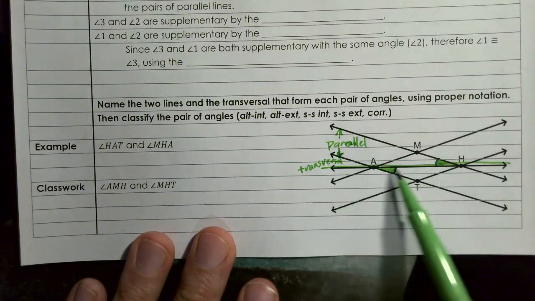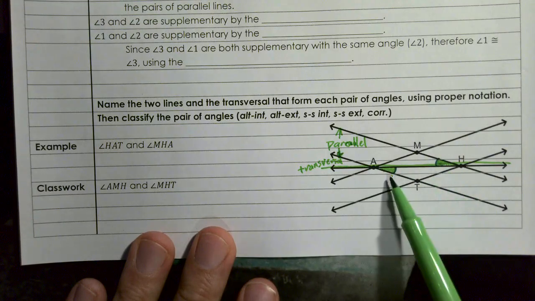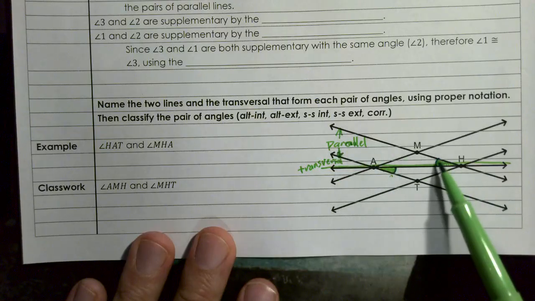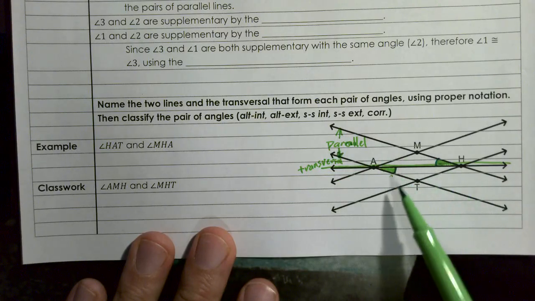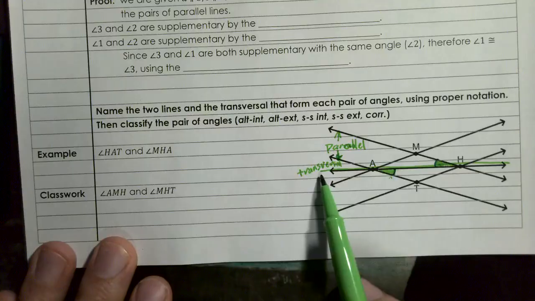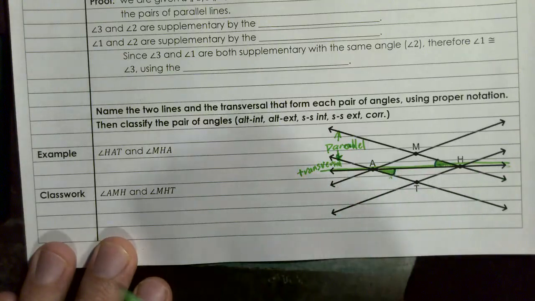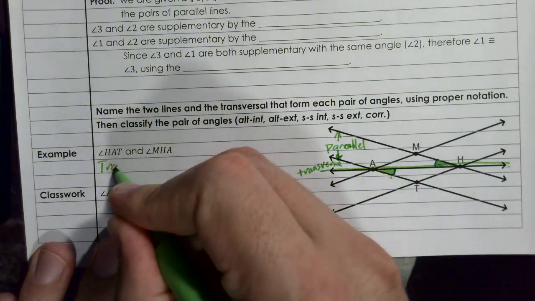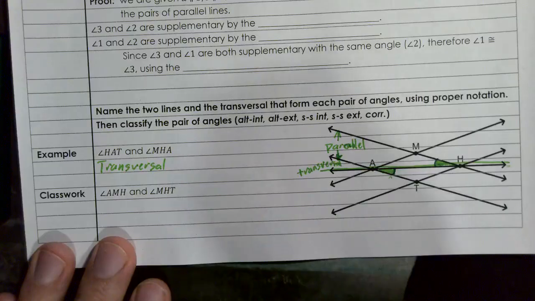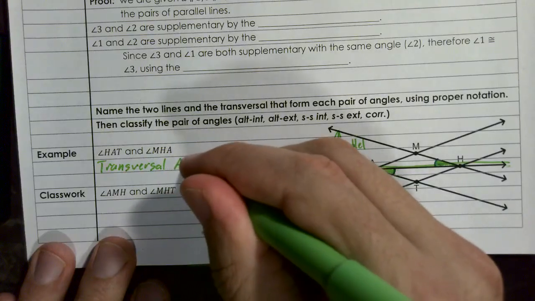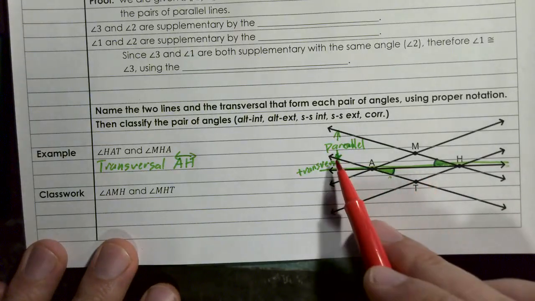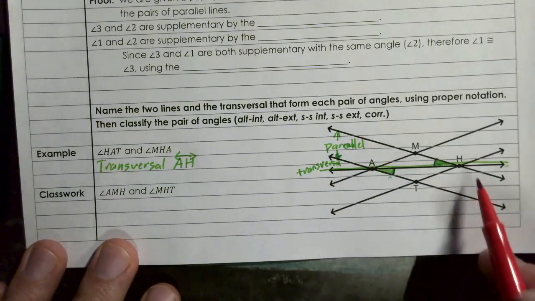So I've got my transversal that touches the two angles that I'm talking about, and then the parallel lines have got to be the ones that connect off of that transversal to make my angles. So my transversal is going to be this line right here, AH, and then my parallel lines are going to be AT and MH.